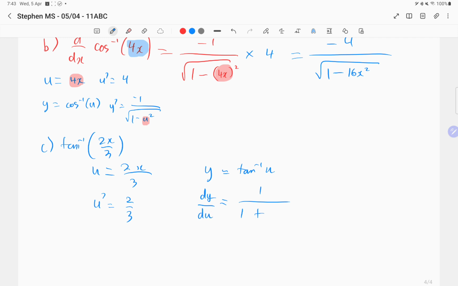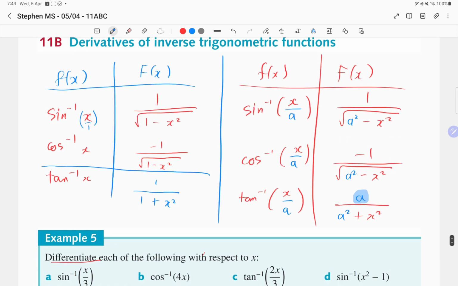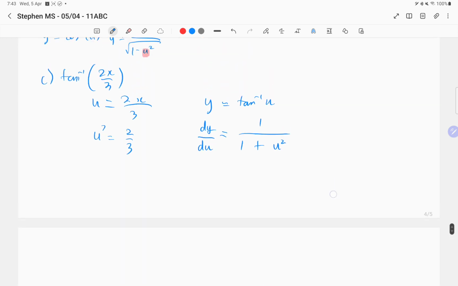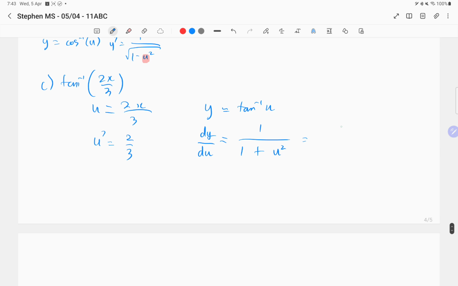Use the formula first: the formula always has x squared, so it will be 1 over 1 plus u squared. And u squared is 4x squared on 9.